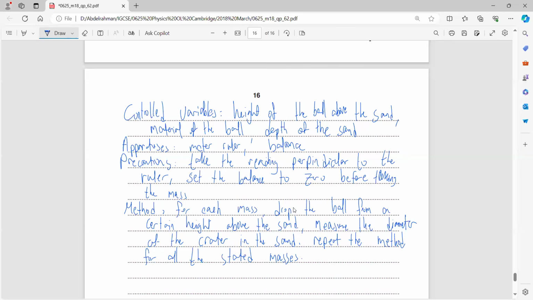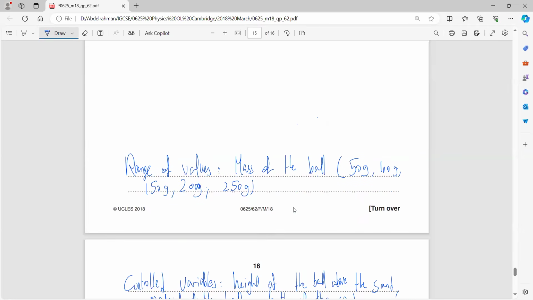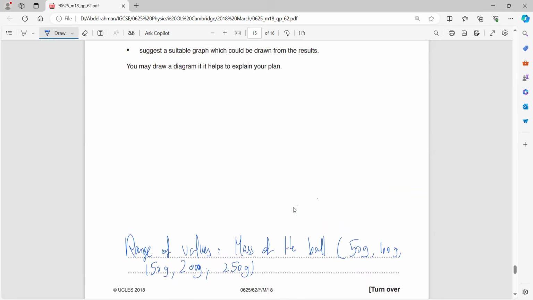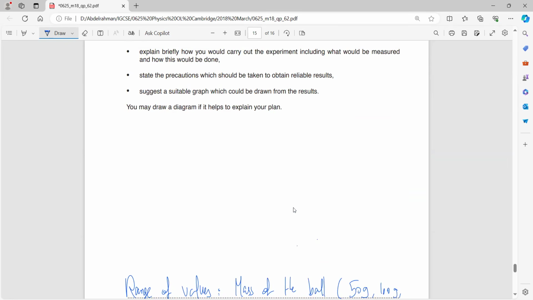As the mass increases, the diameter of the crater would increase. Or, if you had chosen to change the height, as the height increases, the diameter of the crater would also increase. So if you choose either of them, the graph would be almost the same.